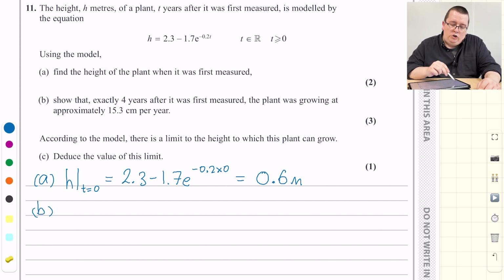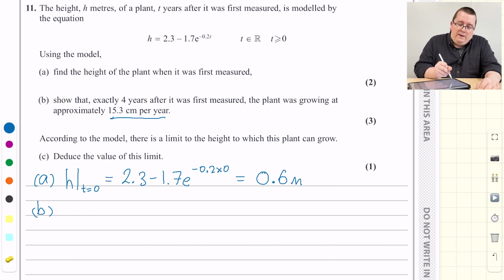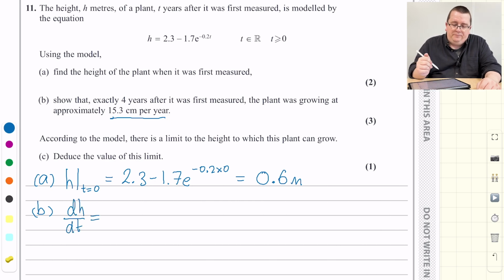Part B. Show that exactly 4 years after it was first measured, the plant was growing at approximately 15.3 centimetres per year. Now that is a rate, okay? So that needs dh by dt. So we need to differentiate h with respect to t. The 2.3 differentiates to 0, so that's gone.